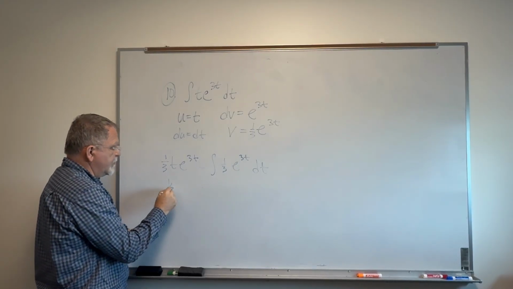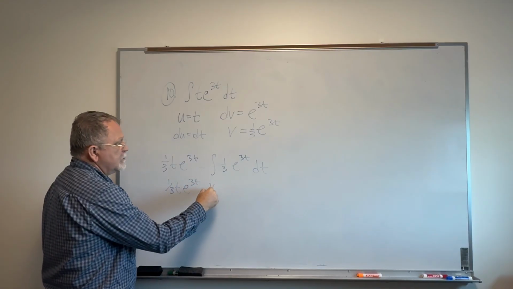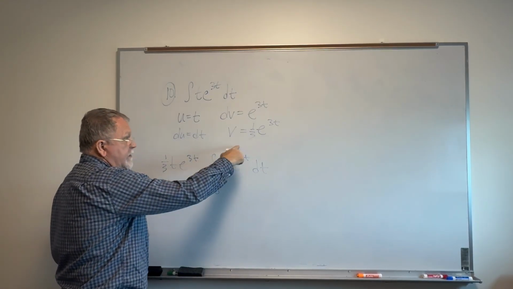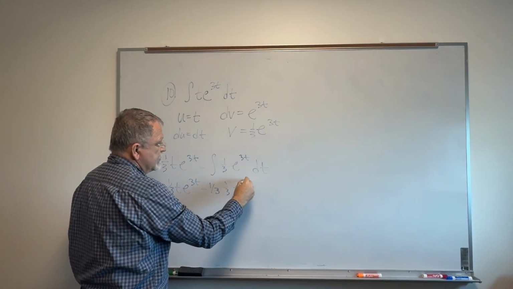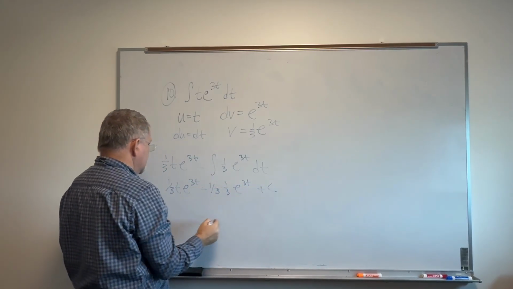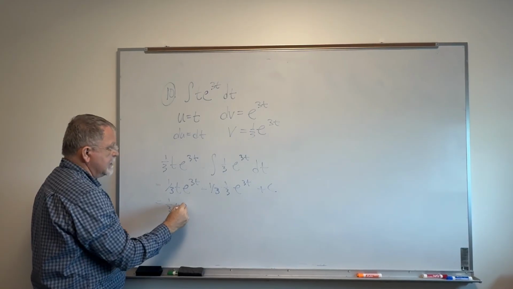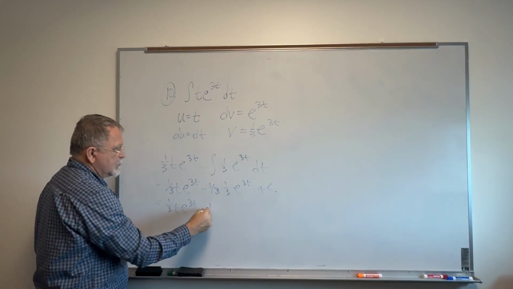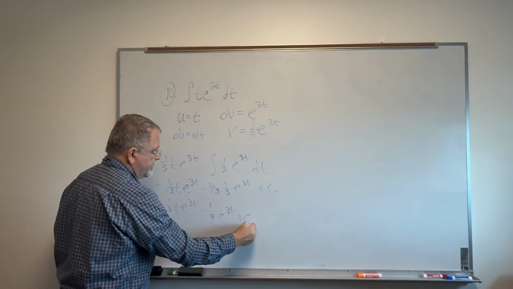So this is 1/3 t e to the 3t minus 1/3. The antiderivative of that we just did a moment ago is 1/3 e to the 3t plus our constant. So I get 1/3 t e to the 3t minus 1/9 e to the 3t plus a constant.